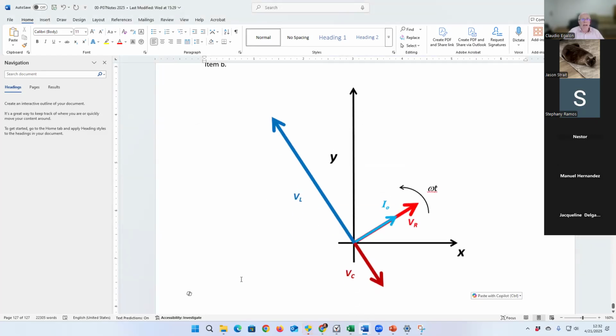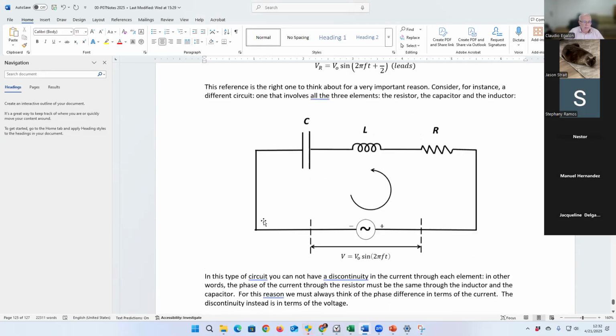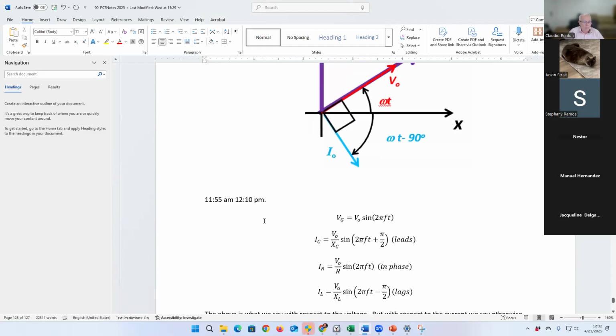That's the phasor diagram that we have for the RLC circuit. The voltage across the resistor is going to be in phase with the current in the circuit. The voltage of the inductor is gonna lead, right? Making sure everything that I said there matches what I have here.